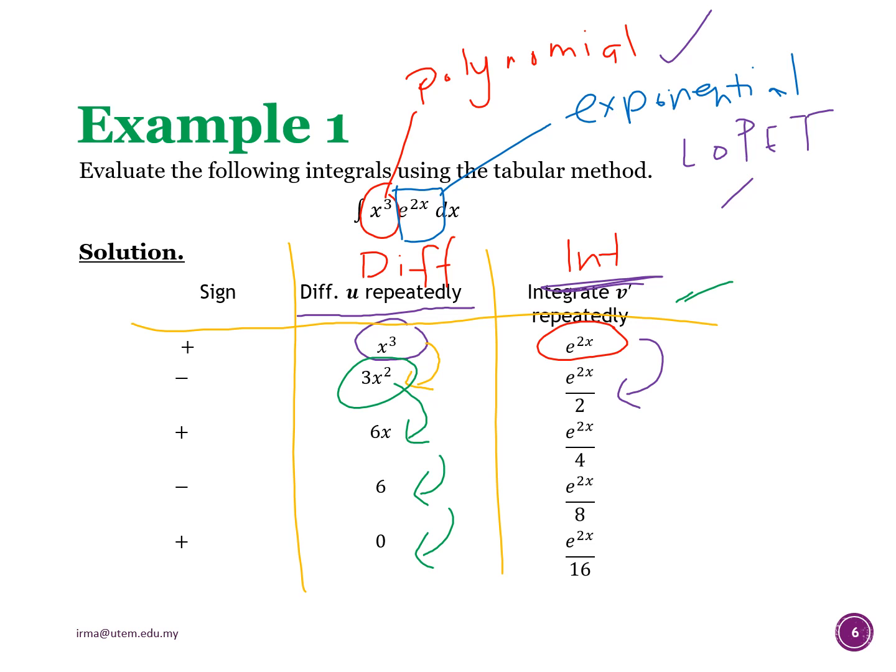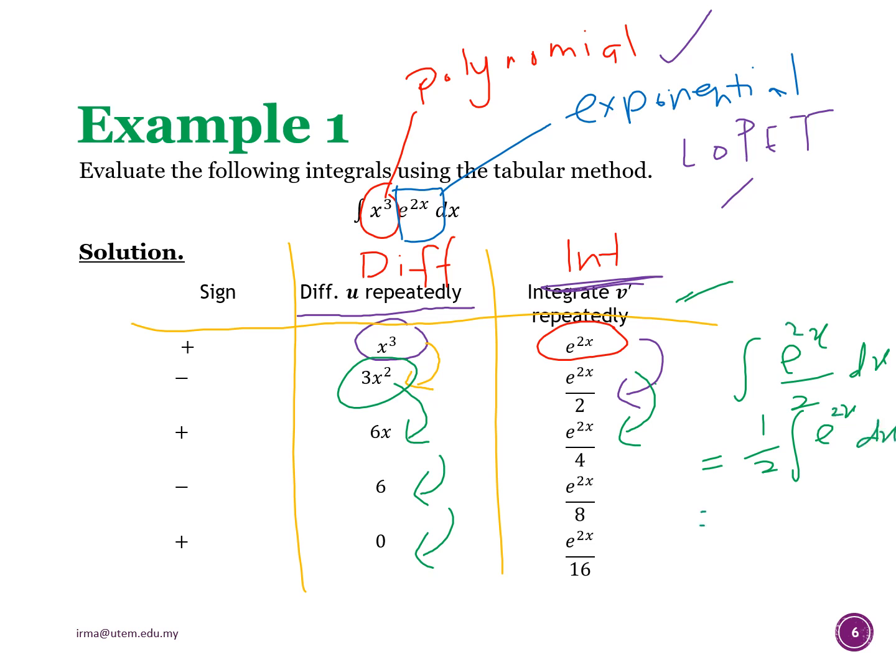Which means that just now we integrated e to the x and got e to the x over 2. Next is integrate e to the x over 2, so you will get e to the x over 4. I just write here. If you have e to the x over 2 dx, actually you can bring out the 1 over 2, so this one is 1 over 2, e to the x dx.